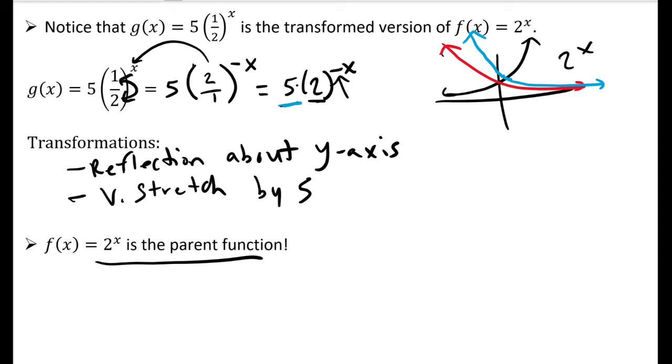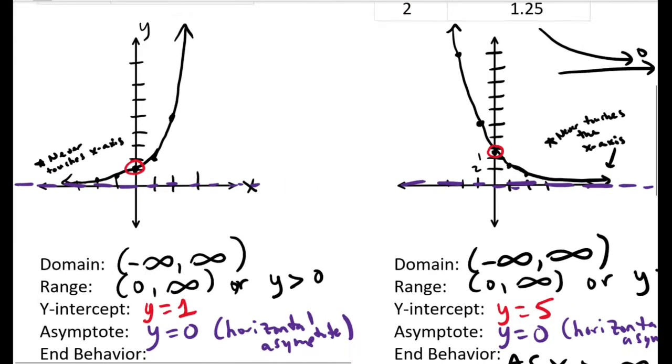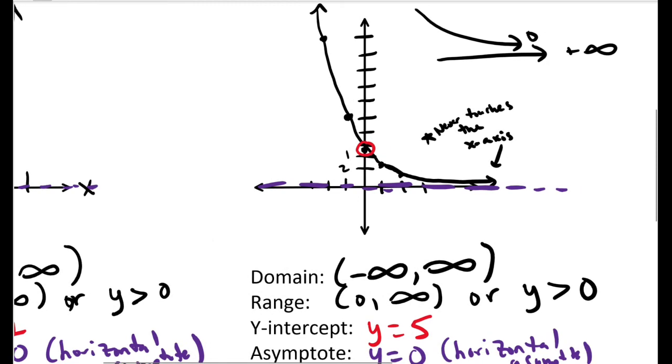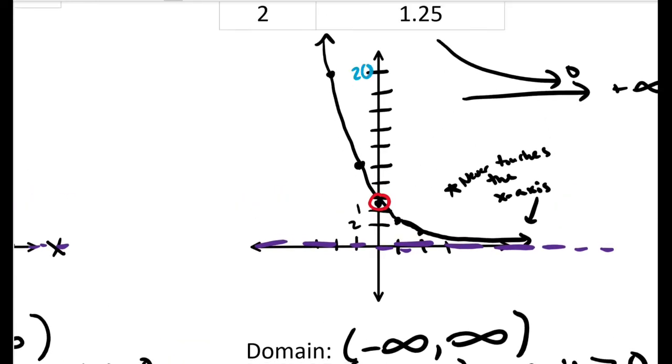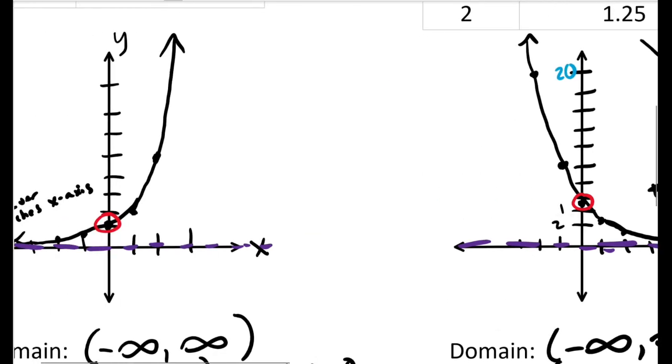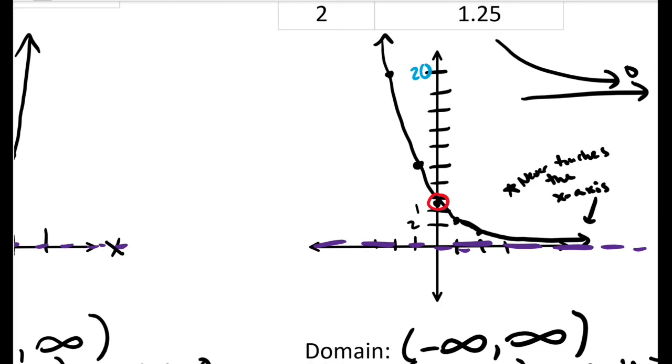Now that should look familiar, because it did look like that when we looked at the second graph. So let's illustrate that. This is the original, this is the reflected version, but stretched. How do we know it was stretched? Well, this number here is 20, which is really big compared to this number here, which was originally 8. So definitely there's a stretch there, and definitely reflected.